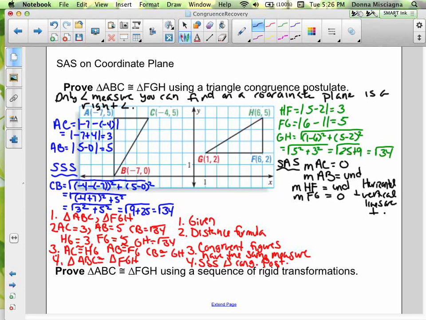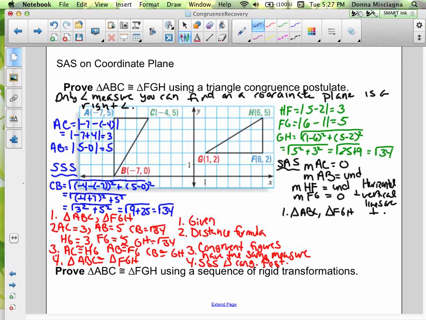Okay. All right, so I think we can start our proof here. We are going to start our proof with the same first step, and that is triangle ABC and triangle FGH, because somebody had to give us that.